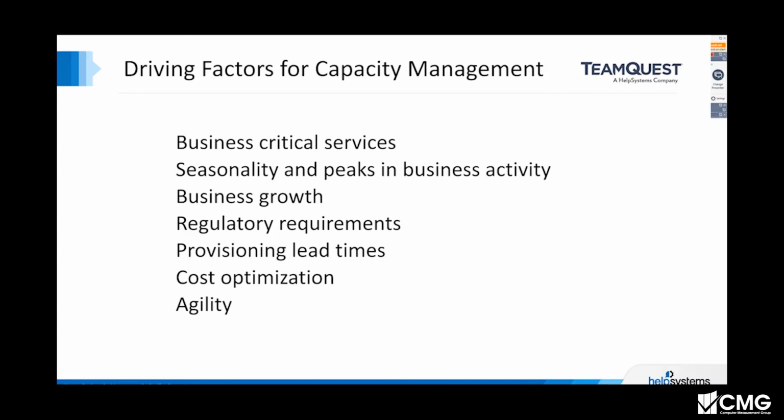You can have high variations, seasonality and peaks in your business activity, which forces you to manage the capacity. You need to provision for the peaks, but you also need to make good use of that capacity in the troughs or valleys in between those peaks. So it's about planning for and managing seasonality and peaks in the most efficient way.